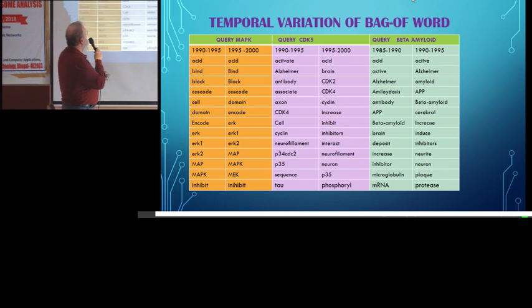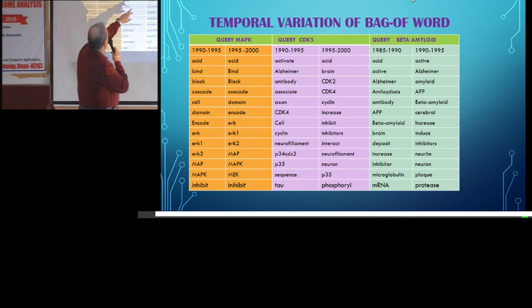The second case is related to CDK5. All three proteins are related to Alzheimer's, but in this case we cannot find Alzheimer's as a relevant term. And you can see the dynamics here. For instance, in the same periods we have CDK2, here instead we have CDK4.